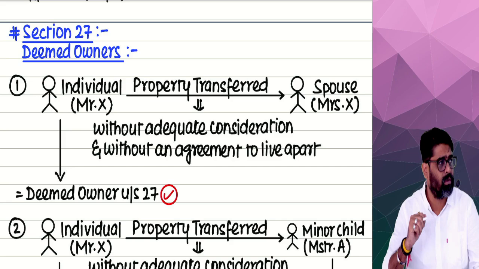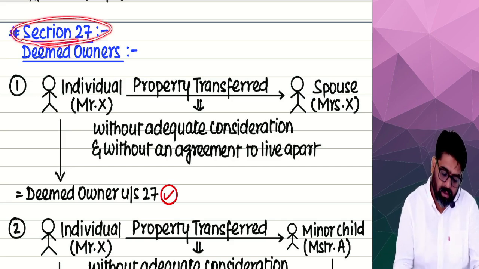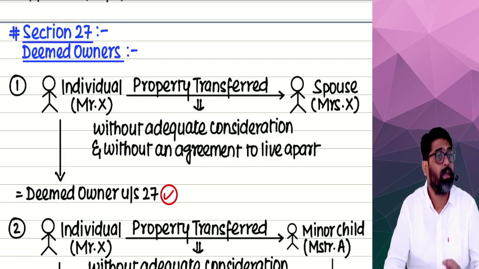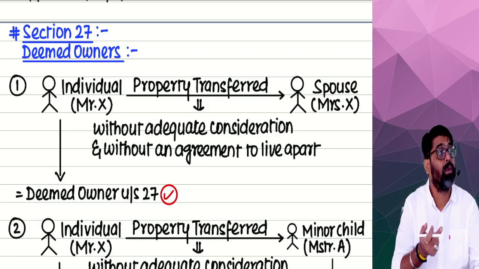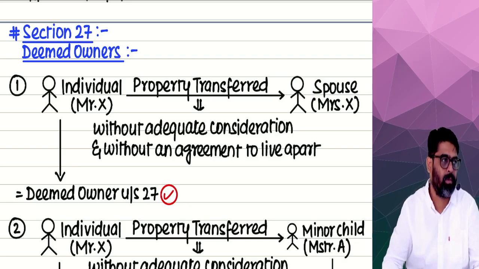The answer is no. But there are certain cases covered in section 27, in which even if you are not the legal owner of the property, still the income of that property will be chargeable in your hands only, because in this situation we will deem that you are the owner of the property.